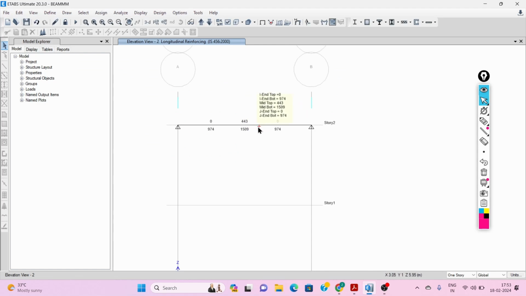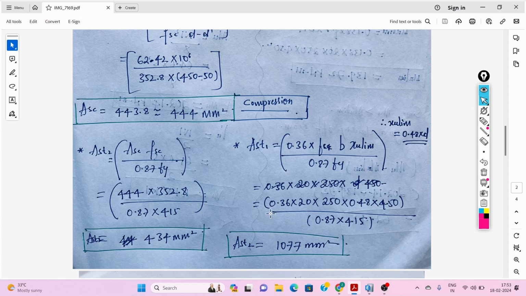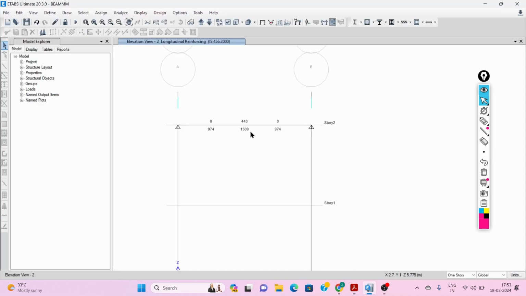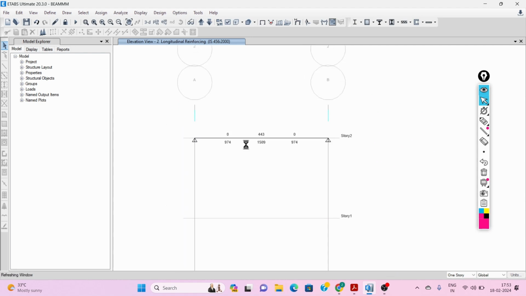You can see almost 99% the results are similar. In manual we have area of steel in tension zone 1511. In ETABS we have 1509 mm square. The results are almost similar.